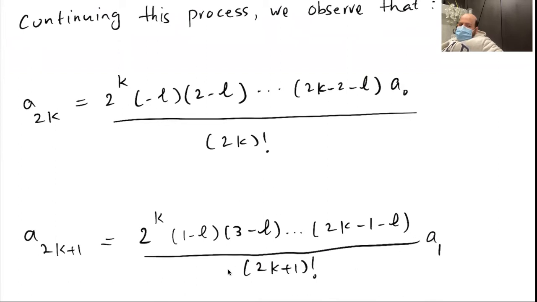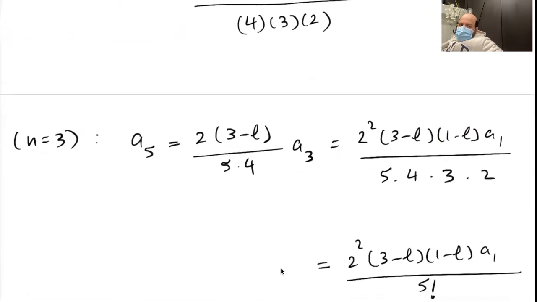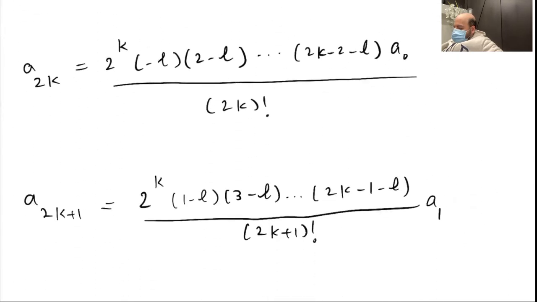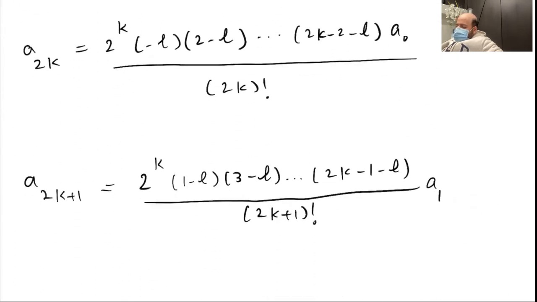And this denominator here always matches this index. So if it's 2k plus 1 here, (2k+1) factorial here. So here, for example, we had 5 here and 5 factorial here. So these will be the even indices and odd indices that can be computed this way.